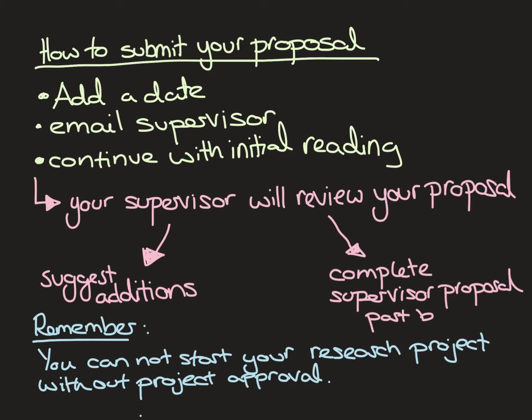And then because they've already done so much research, they're very reluctant to adapt and change their project. Do not start your research project until you have had project approval from Part C. The process is there to support and help you and enable you to get the best possible EPQ grade you can. So do just wait for us.